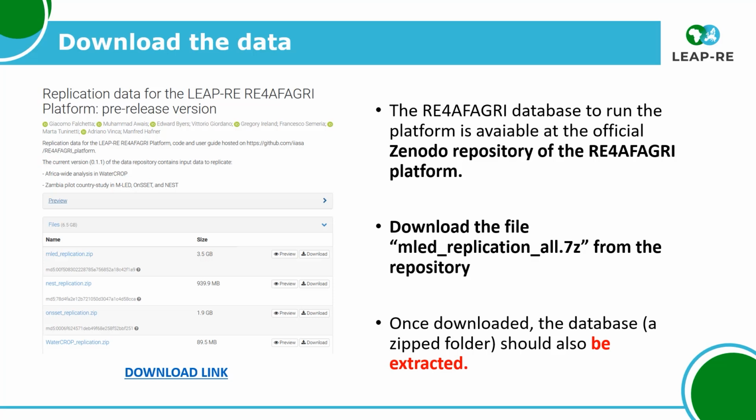Note that it can be somewhere else. It doesn't need to be in the same folder as the RE4AFAGRi code folders, but also in this case, you should keep in mind where this data folder was extracted. Make sure you extract the folder and don't just link to the compressed folder.